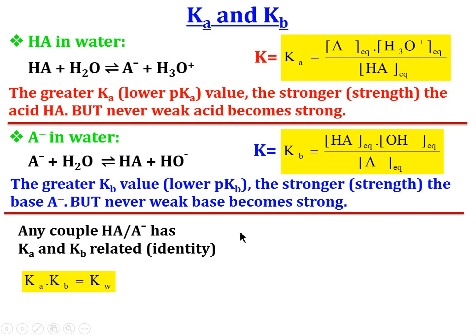So Ka times Kb for the same couple is equal to Kw, and pKa plus pKb is equal to pKw, since pKa is equal to minus log Ka.